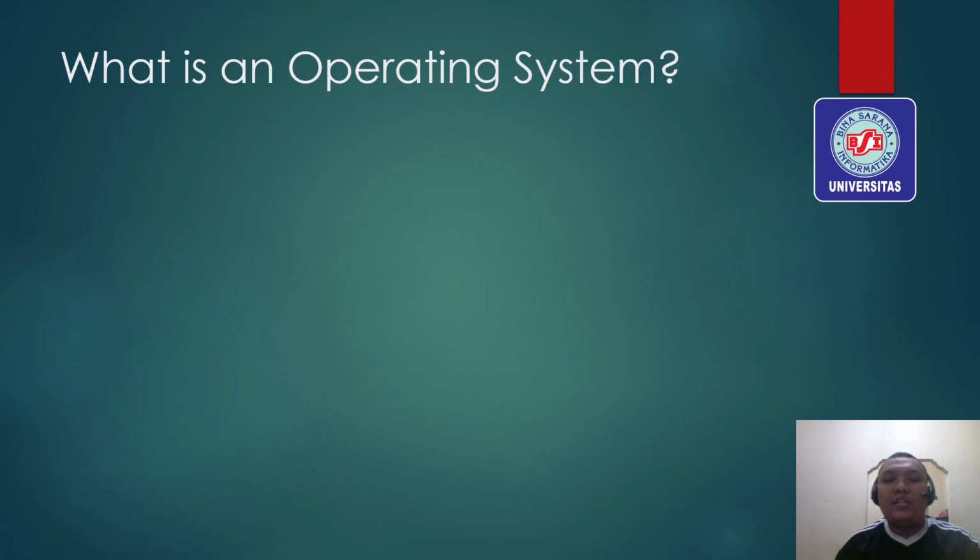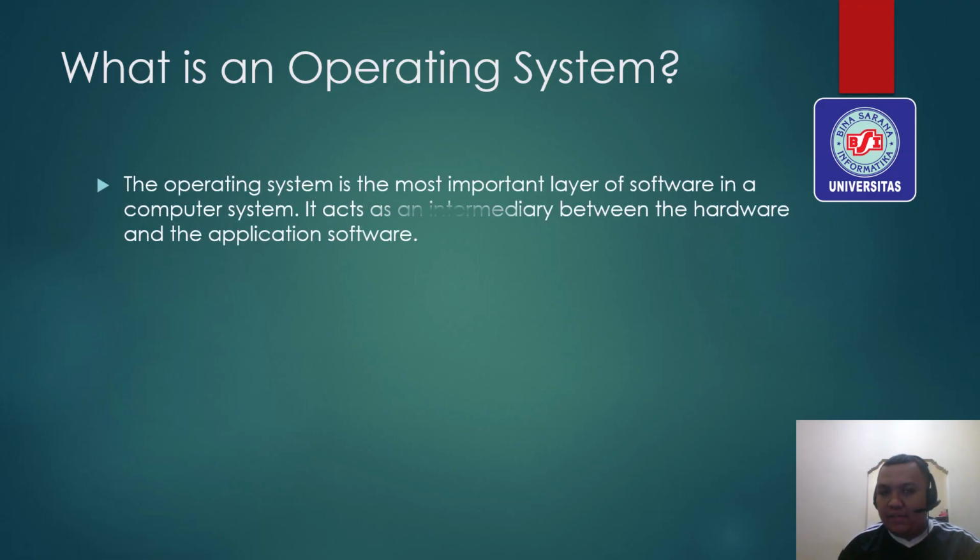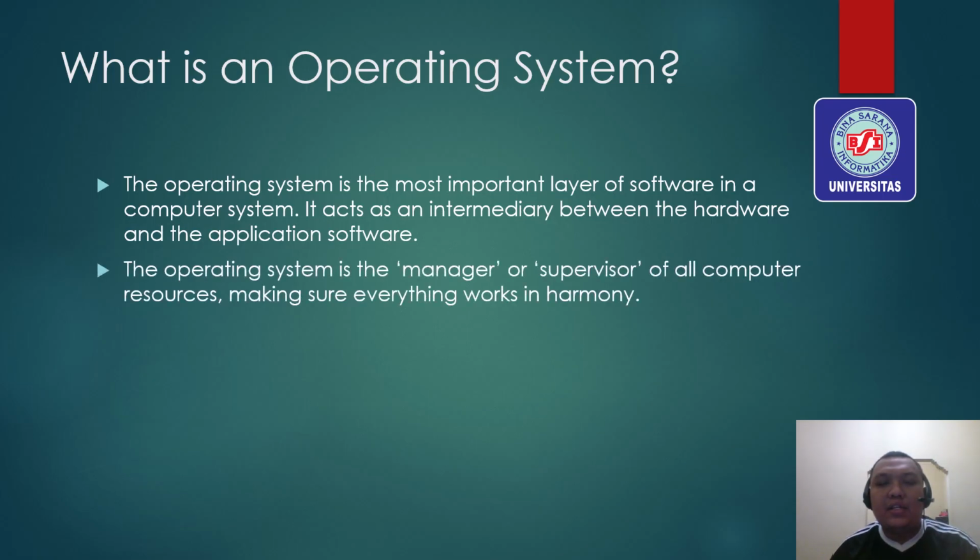What is an operating system? The operating system is the most important layer of software in a computer system. It acts as an intermediary between the hardware and the application software. The operating system is the manager or supervisor of all computer resources, making sure that everything in the computer works in harmony.